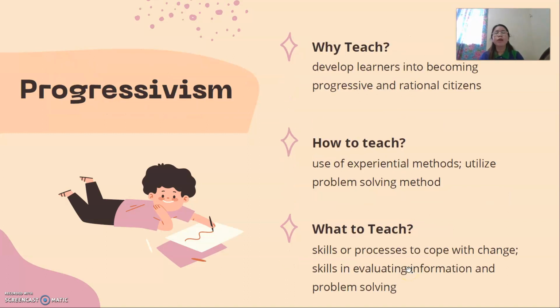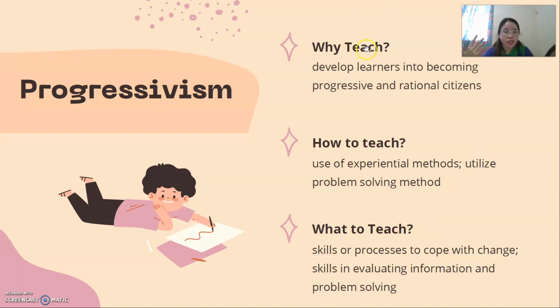essentialism. So now, the first philosophy of education that we will talk about is progressivism. Each slide, by the way, will contain these questions: why teach, how to teach, and lastly, what to teach when we adhere to this philosophy of education.